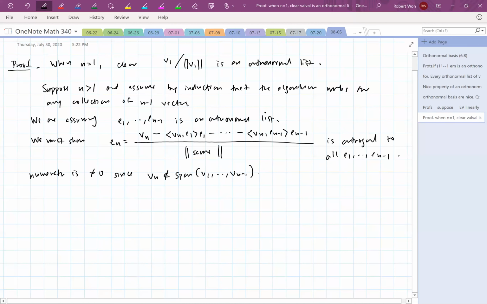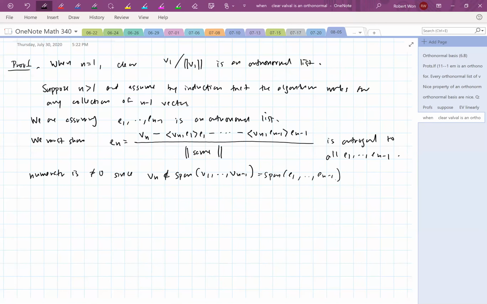And by the induction hypothesis, this is the same thing as the span of the e's. Which means that the numerator is definitely not 0, because I can't get vn just by taking a linear combination of the previous e's. So the numerator is a non-zero vector. I divide through by its norm. It's definitely going to be a norm 1 vector.